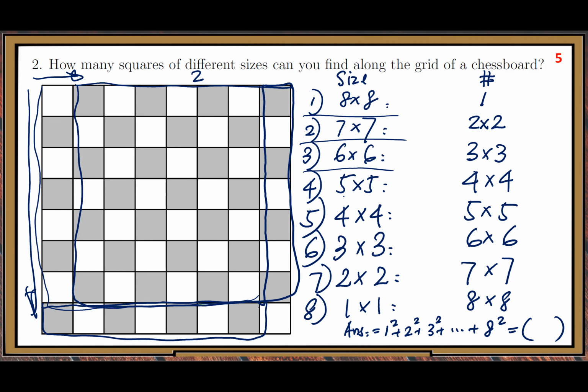Then we follow that direction. We organize our data in different sizes. We can enjoy the benefit of that data organization step, because for each individual size, the counting is much easier, so we can do it quickly.